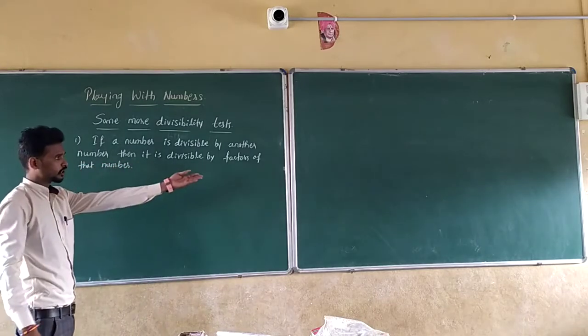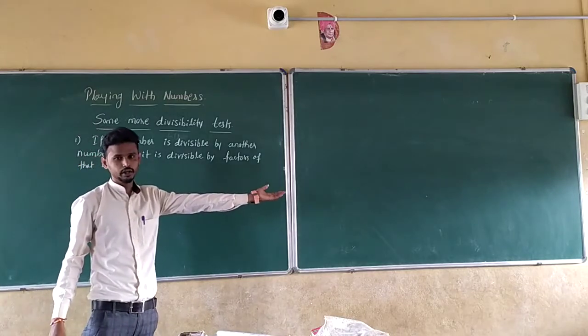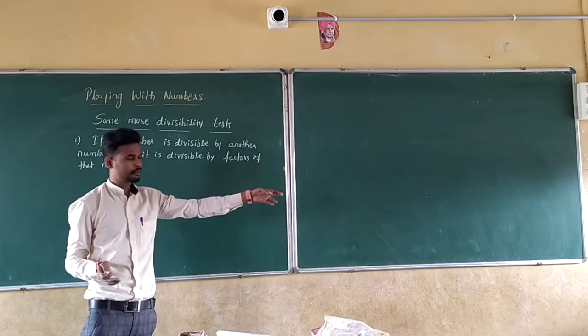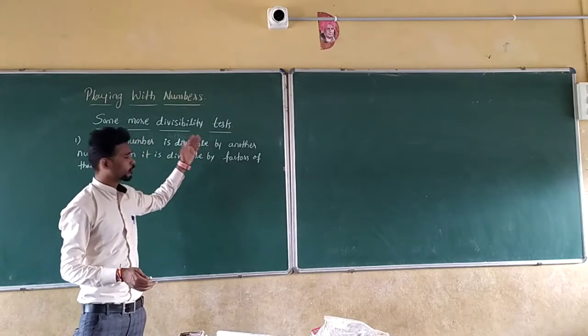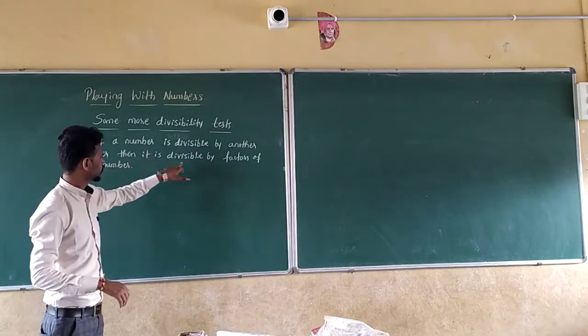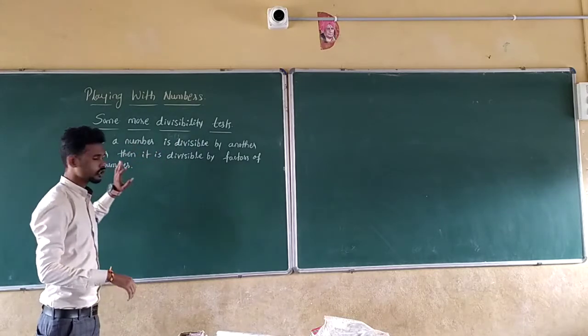Just now you have studied a seventh question. A number which is divisible by 12, then by what other numbers is it divisible? Means by their factors. So this is one more divisibility test. If a number is divisible by another number, then it is divisible by the factors of that number.